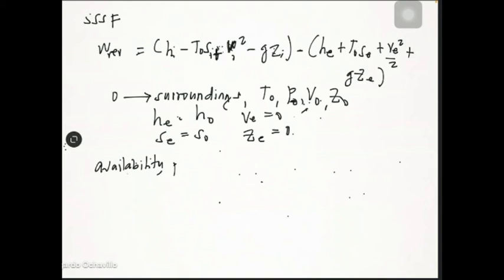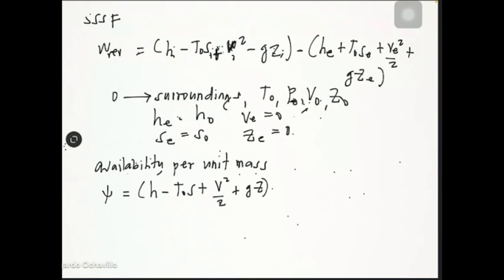This one: h minus T_0 s plus V squared over 2, of course, plus g z, minus h_0 minus T_0 s_0 plus g z_0. That is for the steady state steady flow.